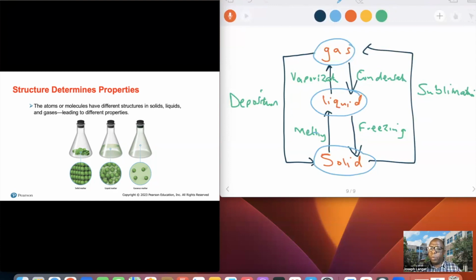I know you are familiar with this: the liquid water molecules are able to rotate or roll over one another.